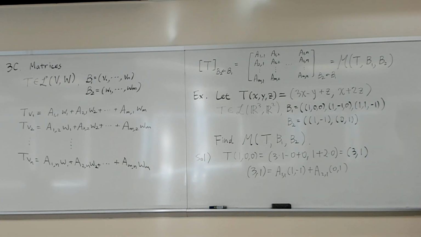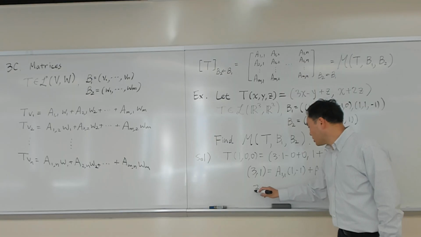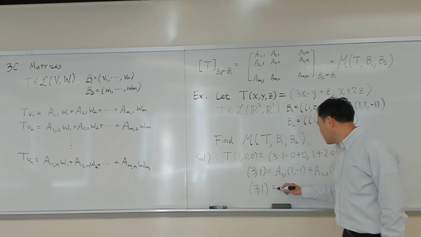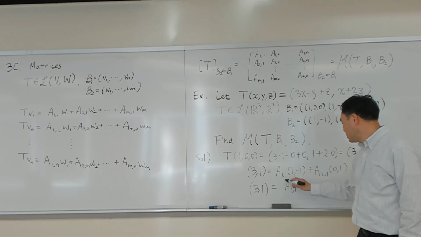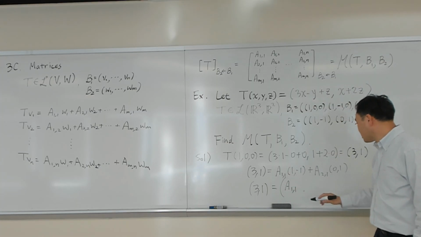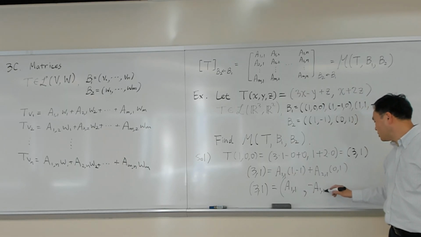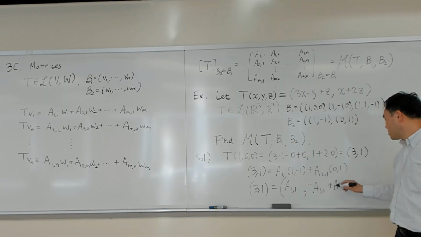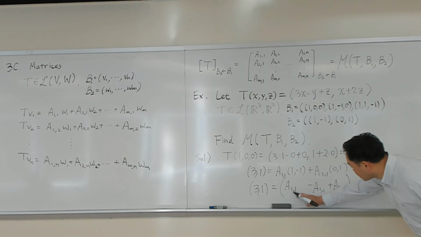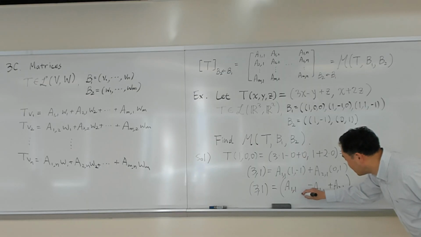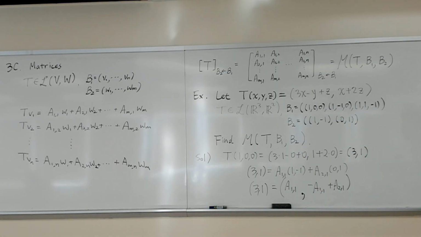Okay, let's try to find what these numbers are. So (3, 1) is equal to, well, it's just A11 times 1, and then comma, the second one is negative A11 plus A21. Sorry, this is like the big comma. There are small commas here. Hopefully that's not going to confuse us.